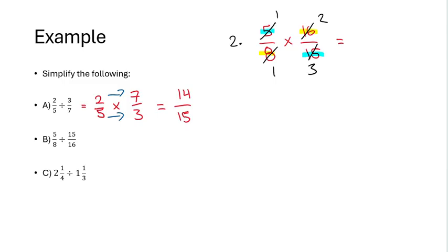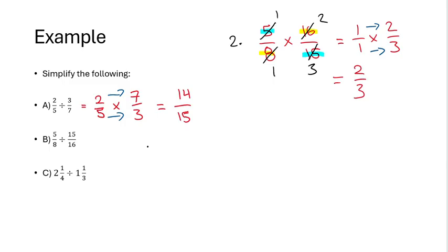The highest common factor between 5 and 15 is 5. So divide both of them by 5. And the highest common factor between 8 and 16 is 8. So divide both of those numbers there by the number 8. Now, this looks like a mess. So what I'm going to do is rewrite the fraction here like so. And since this looks a lot nicer, I can now just multiply like normal.